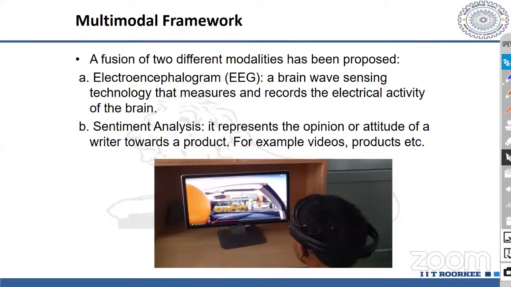In a similar way, we are getting the EEG signal from the participants, from the subjects, and we also take their feedback, which we call sentiment analysis. So it will be a bimodal or a multimodal problem.